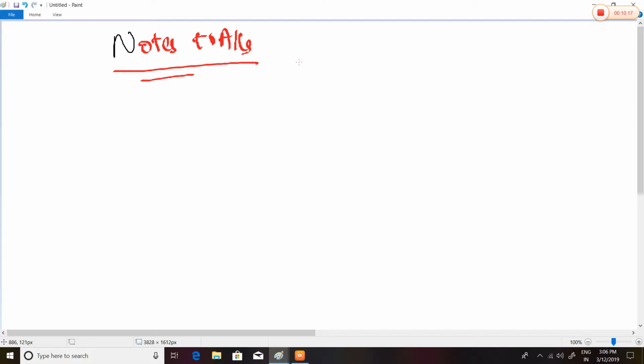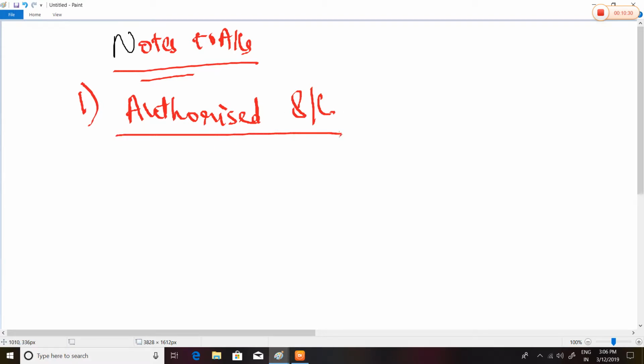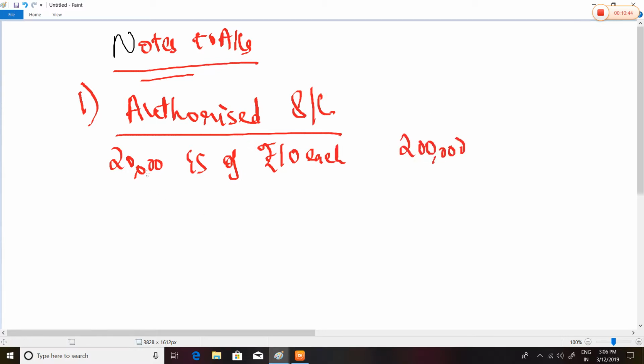We have to give the description of share capital. Firstly, we give authorized share capital: 20,000 equity shares of rupees 10 each, 2 lakhs.